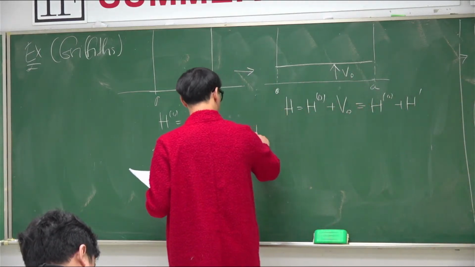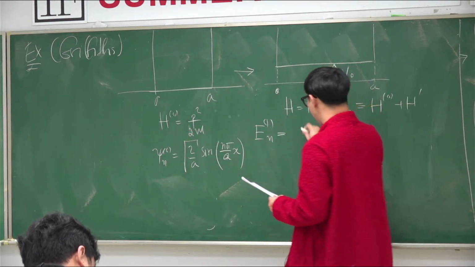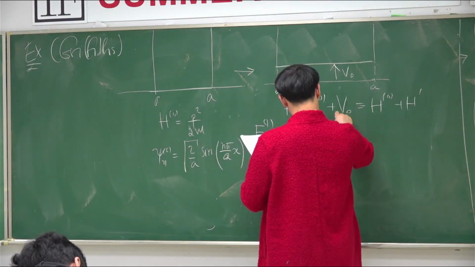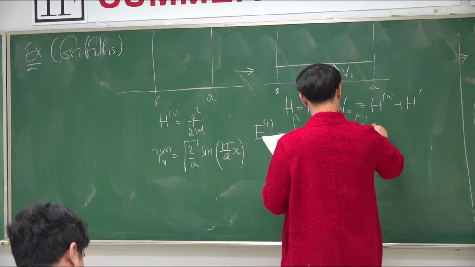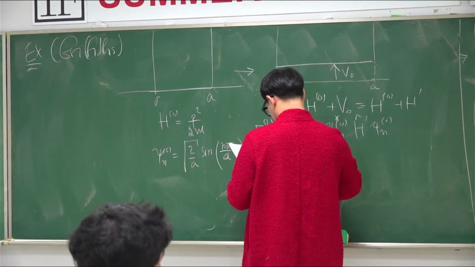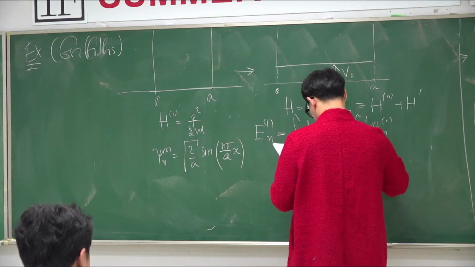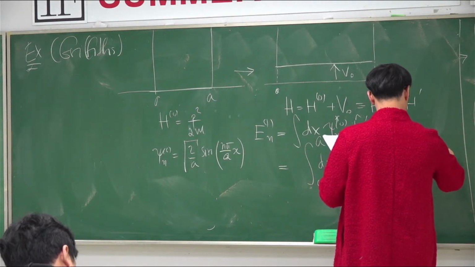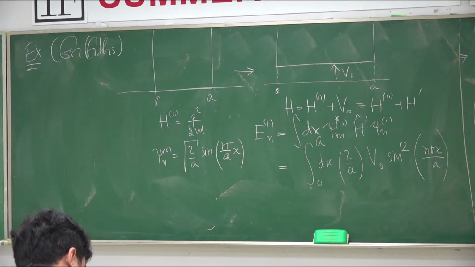And so if you want to compute this, the first correction of the eigenstate, you can do directly. Okay, so you put that and then you get this very simple.